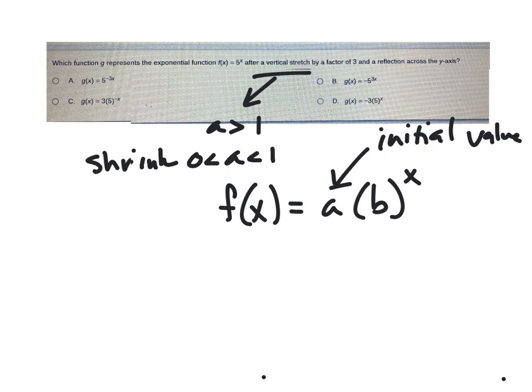Then if you reflect something across the y-axis, that means a has to be less than 0, meaning it has to be negative. So when we manipulate this function, we got to put a -3. It's got to be negative, and it has to be a value of 3, greater than 1. And so our answer here is D.